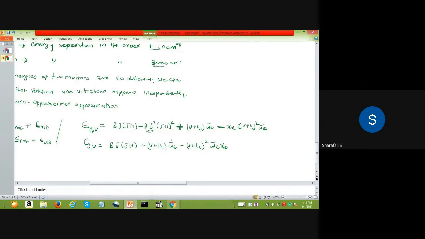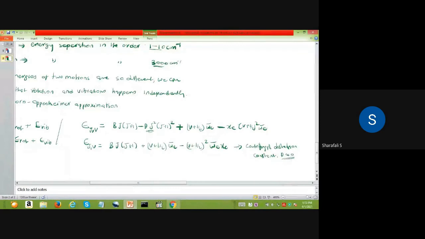Now, in this case, we are not considering that centrifugal distortion constant d, which we have taken to be approximately equal to 0.